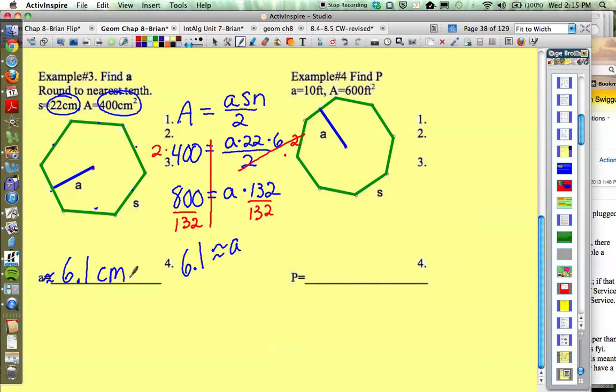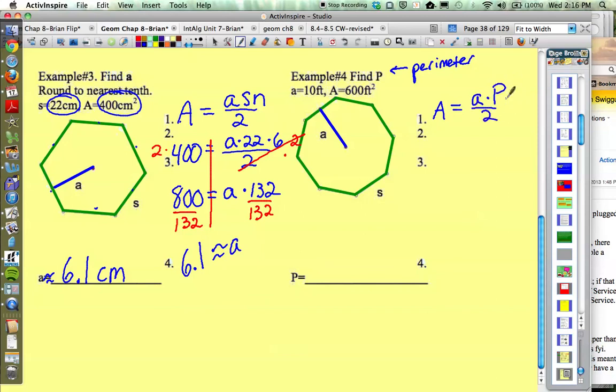Example number 4. Find P. What does P stand for? Remember, that stands for the perimeter. So find the perimeter if the apothem is 10 and the area is 600 square feet. Let's use the formula we were talking about above, the one with the perimeter in it: apothem times perimeter divided by 2.